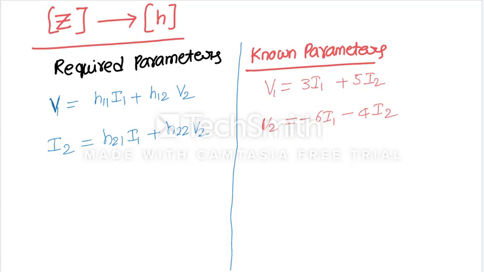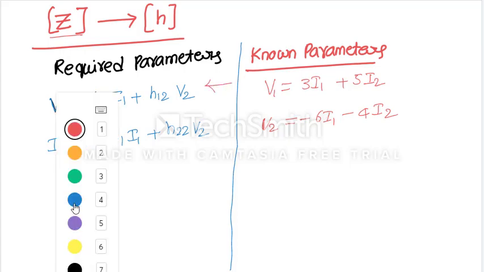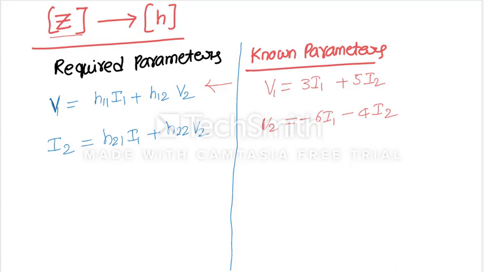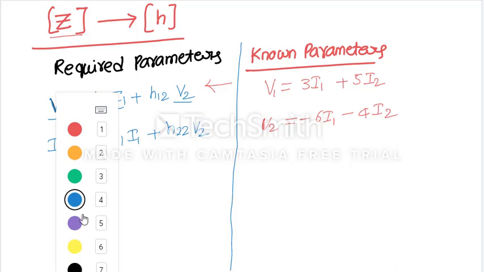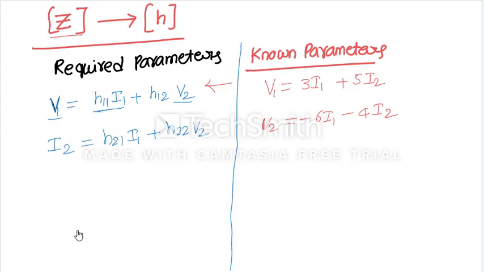Now what we should do here, I want to convert these z parameters into this form. So exactly the same as previous, we should proceed. Coming to the required parameters, the variables in the first equation are V1, I1 and V2. In which of these equations do we have the same variables?